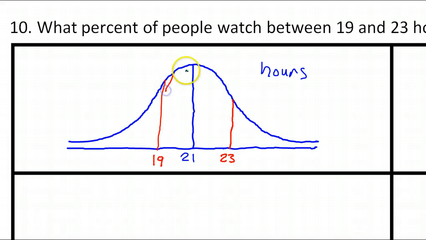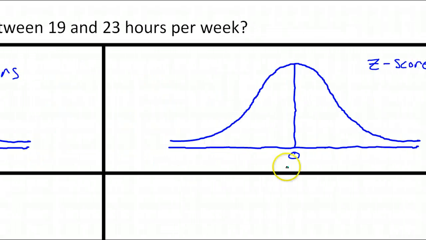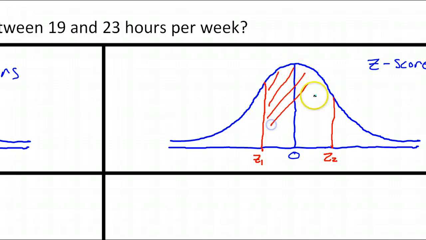Alright, and we want the percent of the people to watch between this many hours. So we will shade in between those numbers. And we will do a similar effect on the z-score picture. Okay, we don't know these values yet, so I will call them z1 and z2 for now. But again, it's what's the percent between these values that matters.